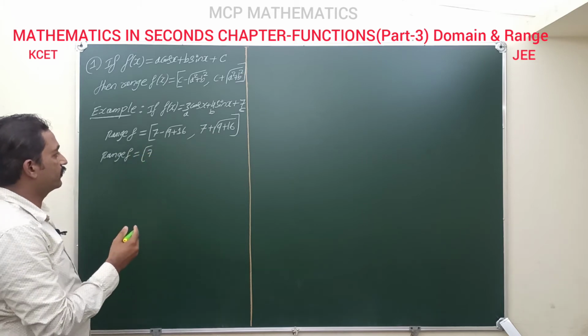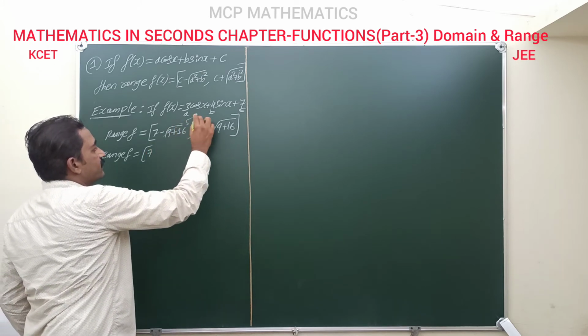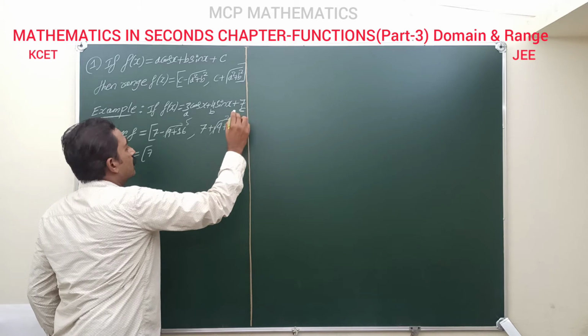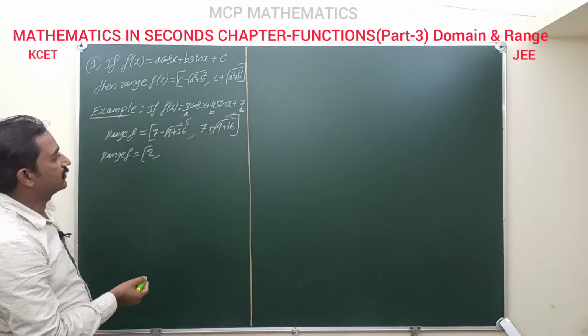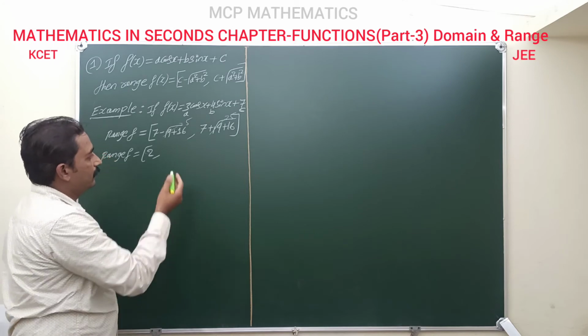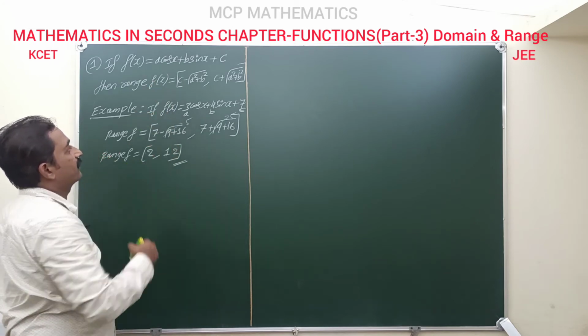So 9 plus 16 is 25, and the square root of 25 is 5. Now 7 minus 5 is 2, 7 plus 5 is 12. So 2 to 12 is the range of this function.